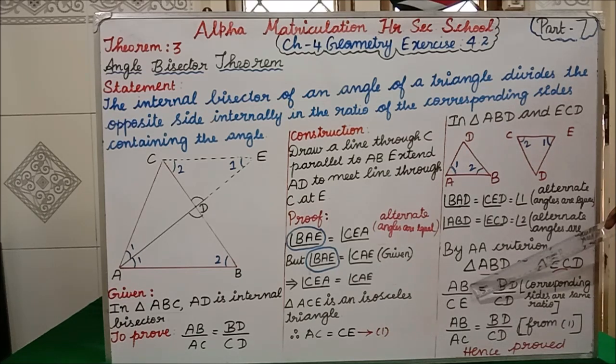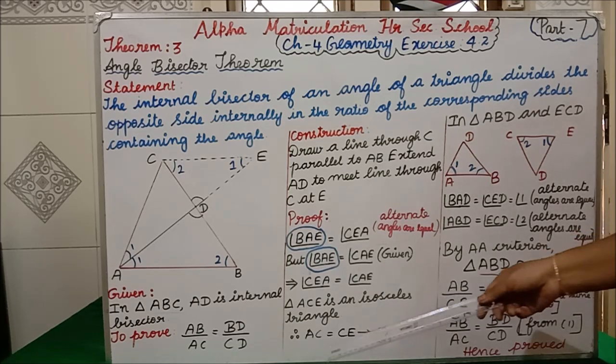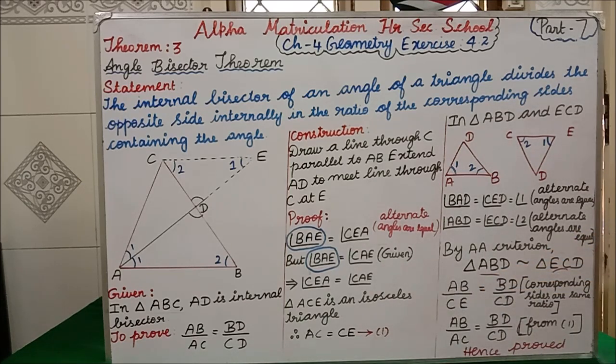In the numerator we are having AB, only in CE place we have found a value as AC. So write AB divided by AC. That only we want to prove. We want to prove AB divided by AC equal to BD divided by CD. Hence proved. Clear all of you?